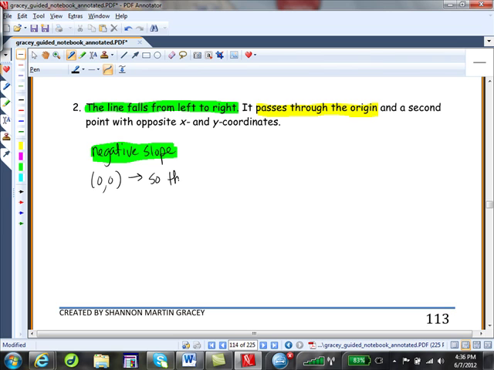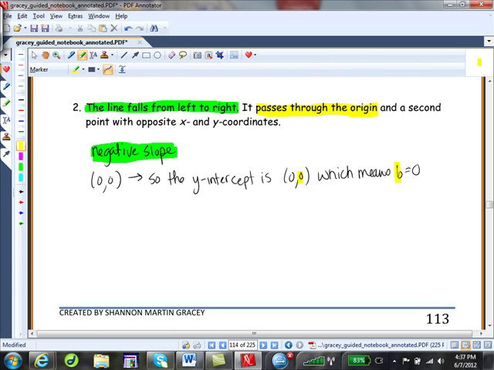So the y-intercept is 0, 0, which means b equals 0.